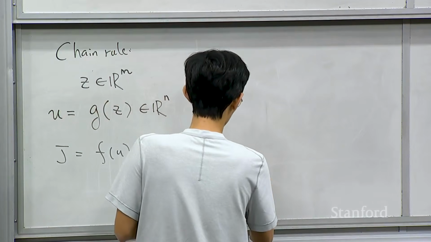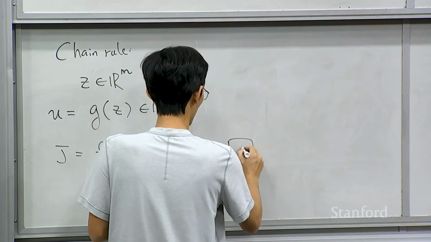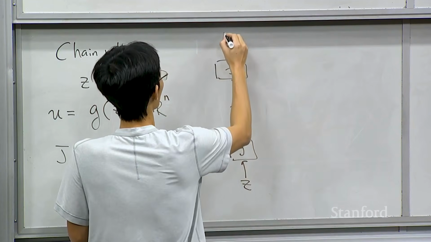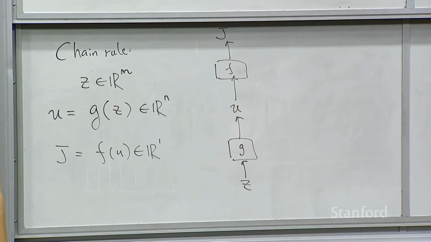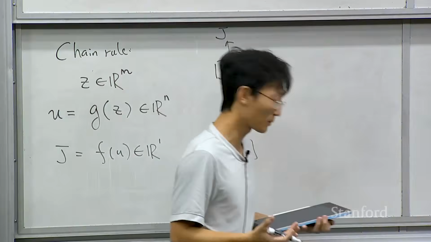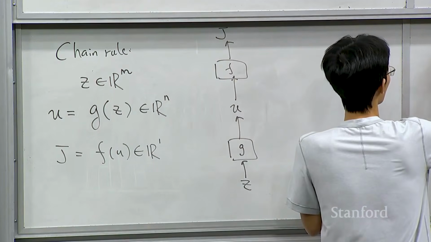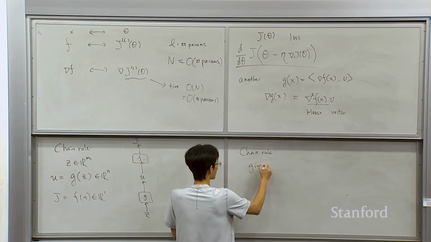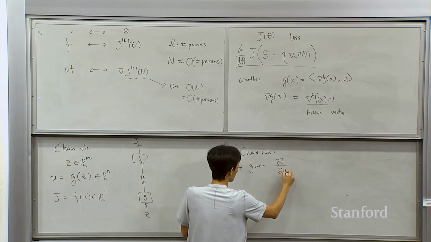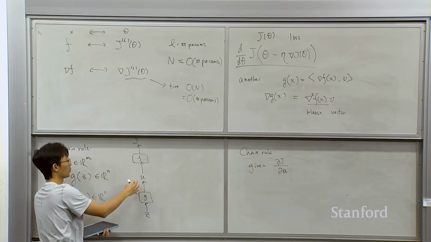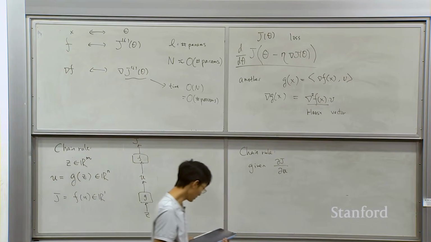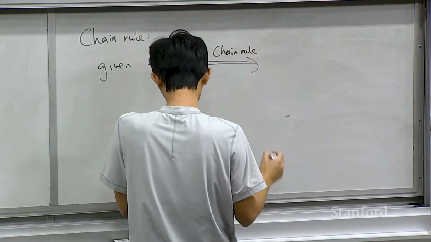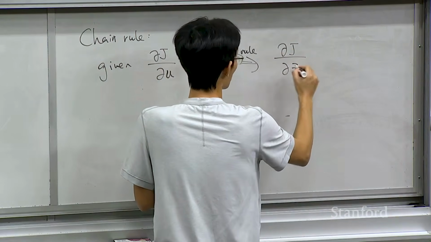So basically, if you draw it, you have z, and it goes through some function g, and then you get this intermediate variable u, and then you go through some function f, and you get some scalar output J. What the chain rule does, in our interpretation, is this: if you are given the gradient with respect to u, the gradient of the final output with respect to the intermediate variable u, then the chain rule is the formula that gives you the gradient with respect to z.